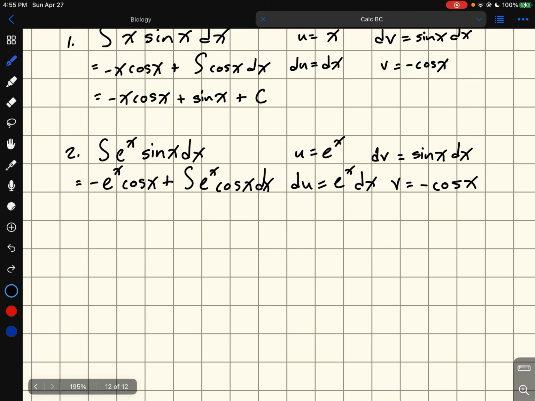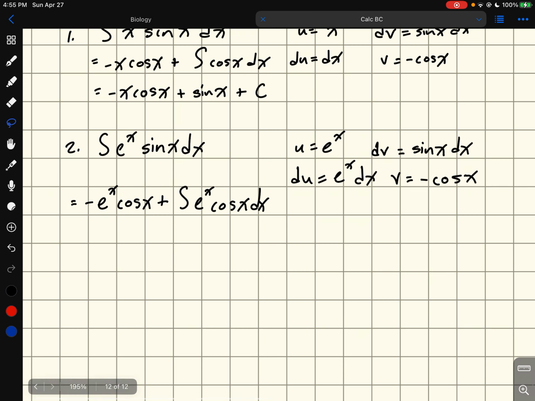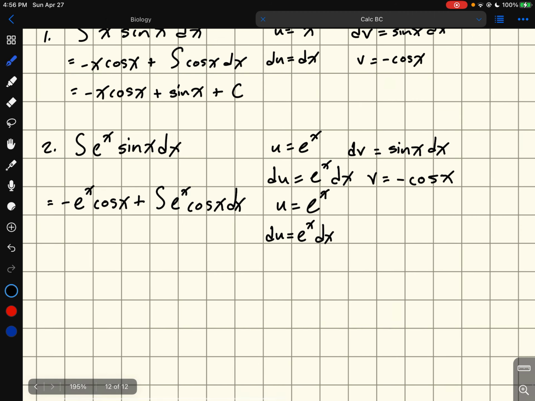So let's do it again. Set our u equal to e to the x, and our du becomes e to the x dx. And then we have our dv equaling the rest, which is cosine x dx. The integral of that, derivative of sine is cosine.